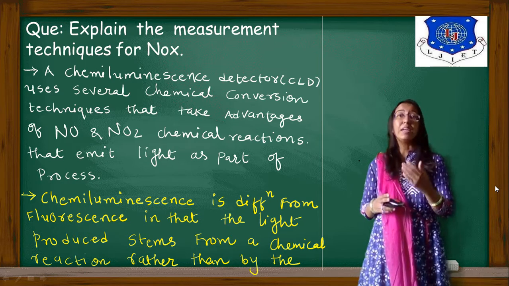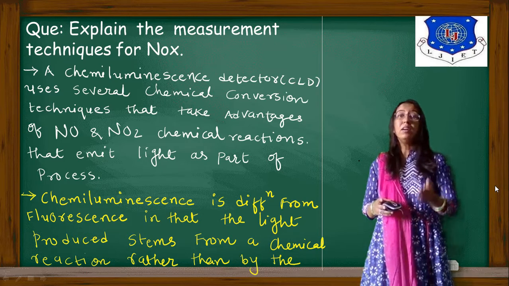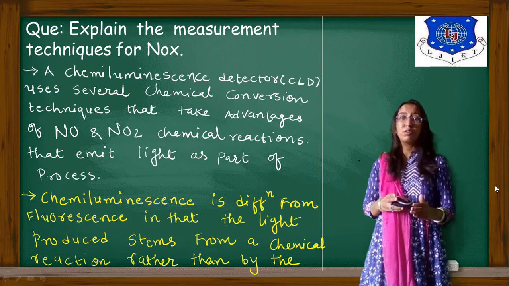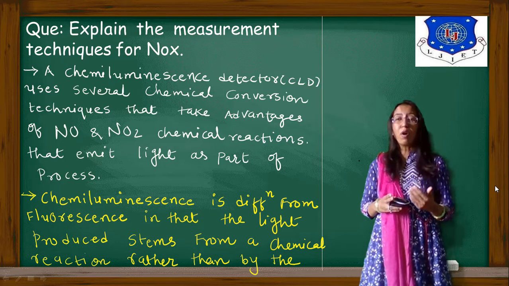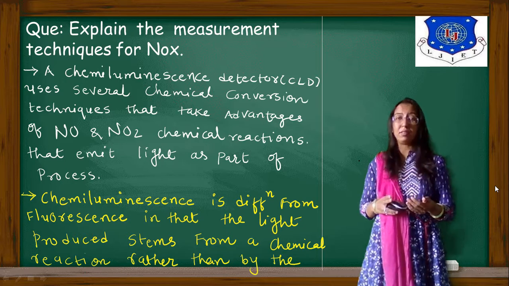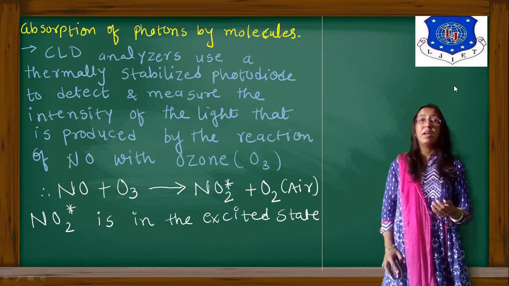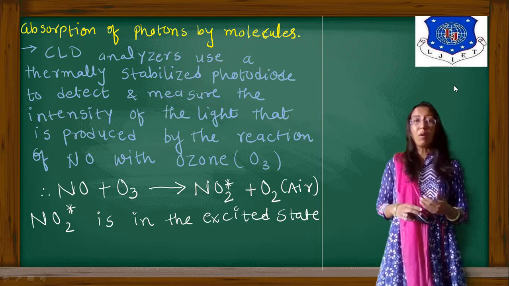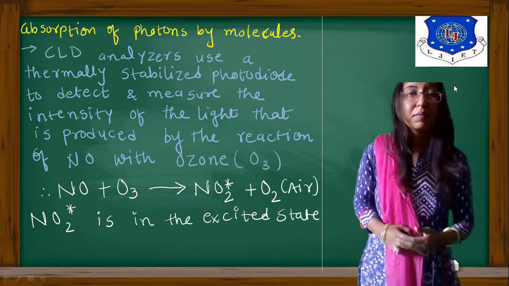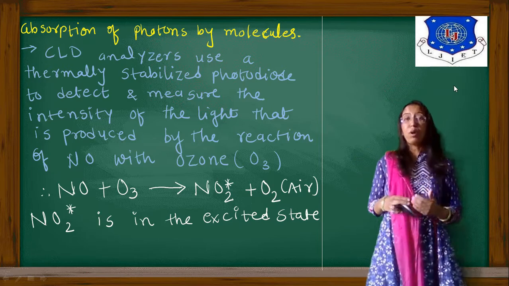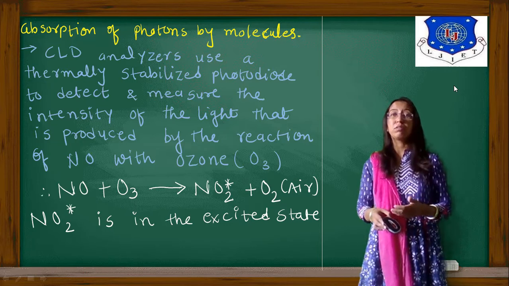Chemiluminescence is different from fluorescence in that the light produced stems from a chemical reaction rather than from the absorption of photons by molecules.